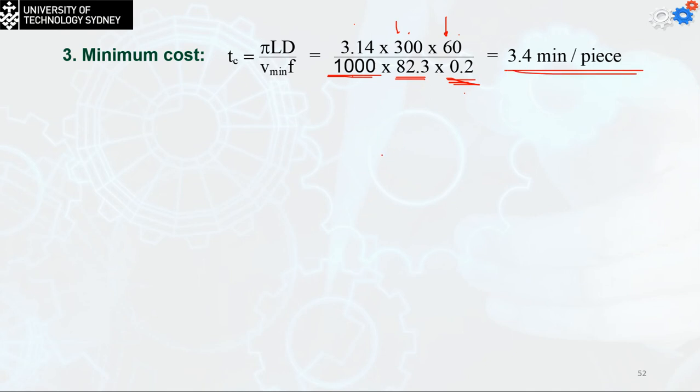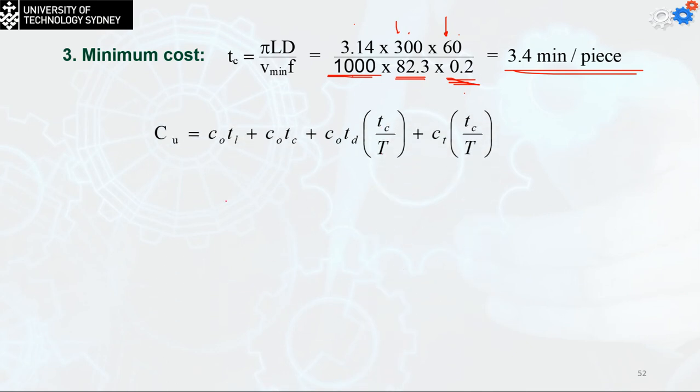So now we're going to calculate the cost, and this will be equal to the CO that we calculated earlier, multiplied by the loading and unloading time, sorry, not tool changing time, plus the machining time multiplied by the cost of labor, plus the tool changing time, plus the tool cost per edge.